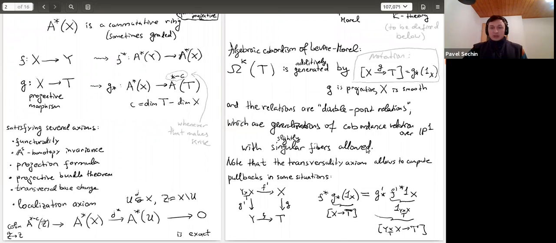And I would also like to point out that the transversality axiom, the transversal base change, allows us to compute pullbacks in some nice situations.